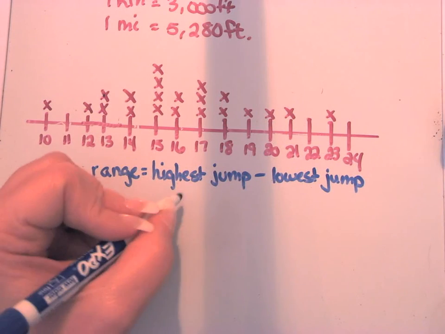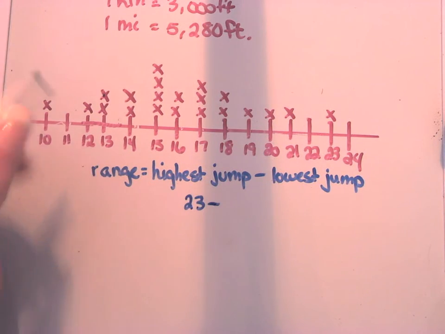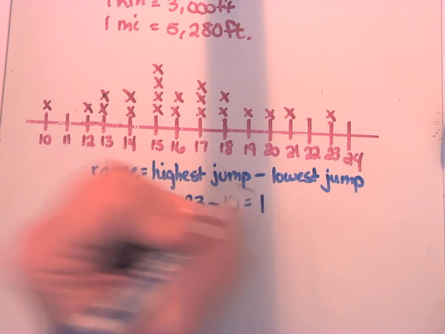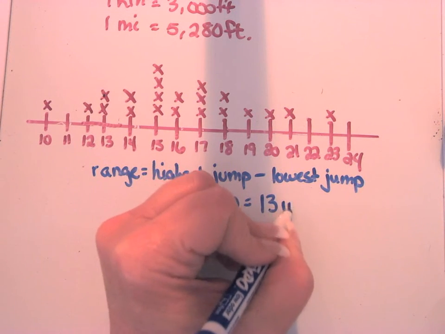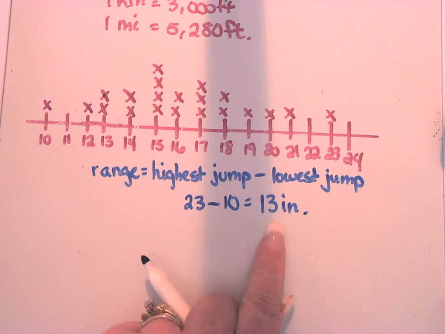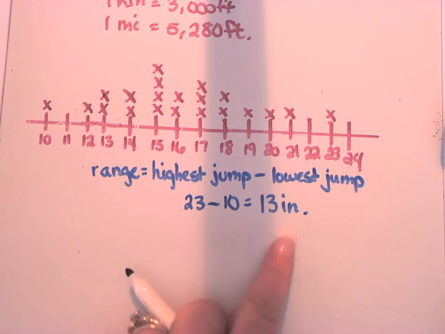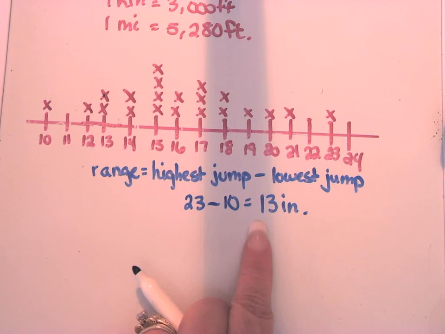So we have an x on 23 minus the x on 10, and that's going to give me 13 inches. So the range is 13. That means from the highest jump to my lowest jump, there's a 13-inch difference.